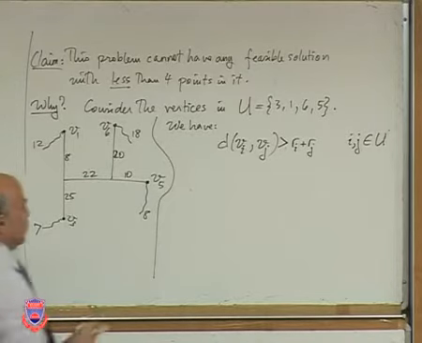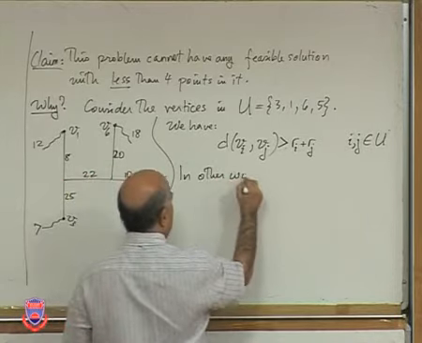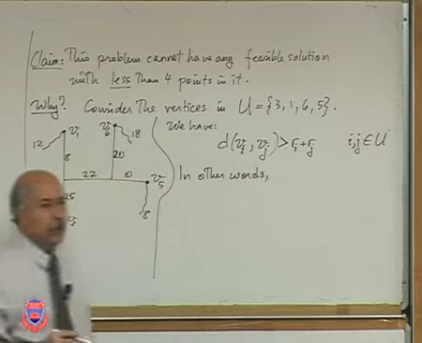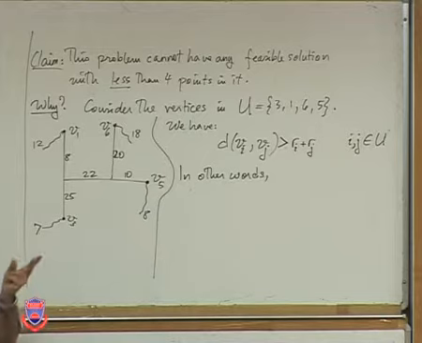Right, which means that, in other words, no two of these four vertices can be jointly covered by a single point.